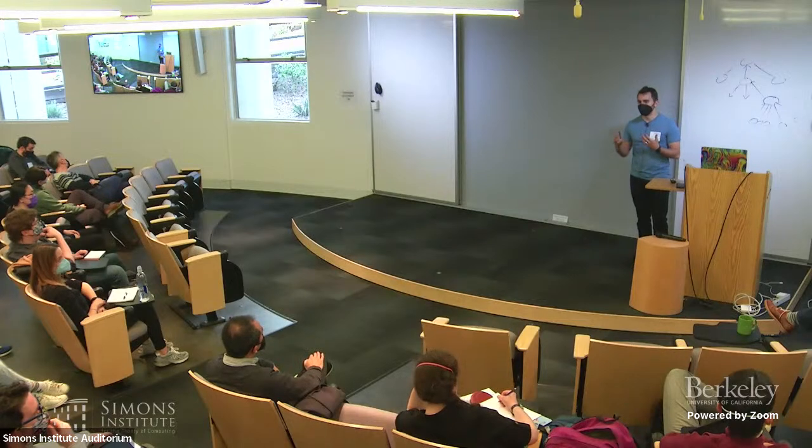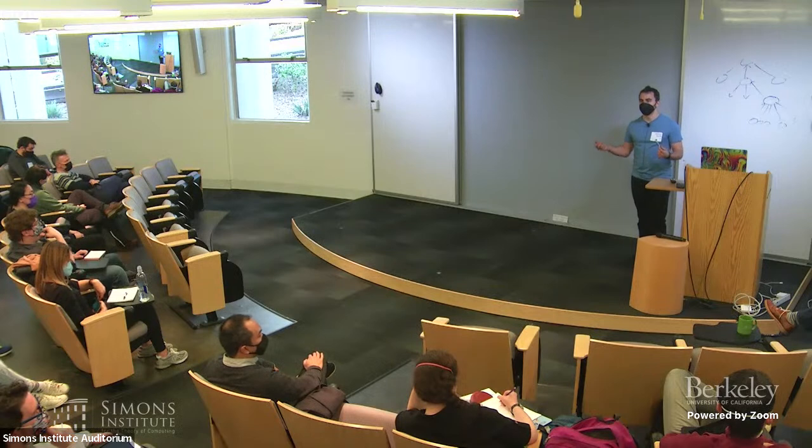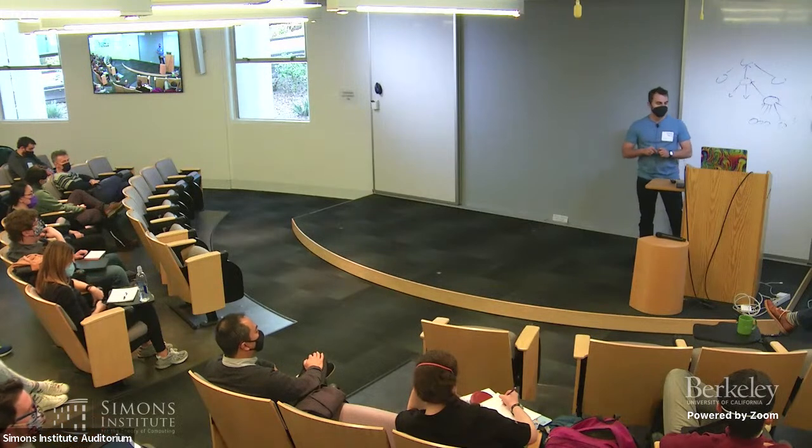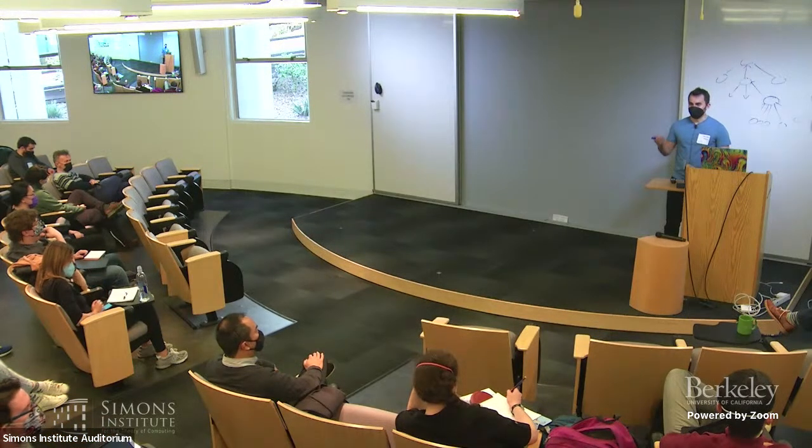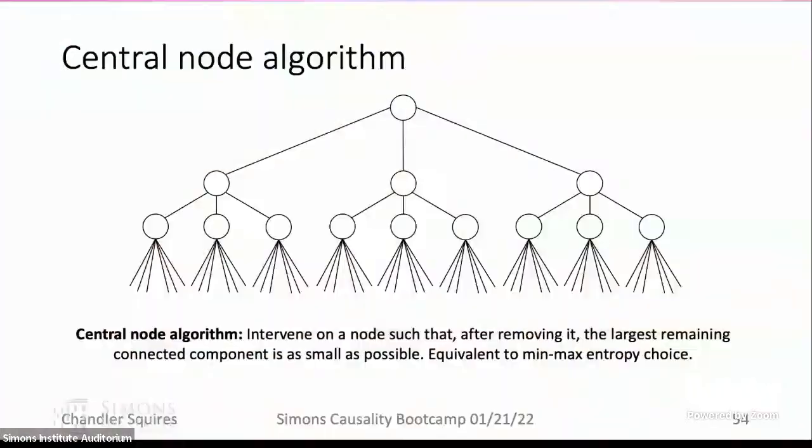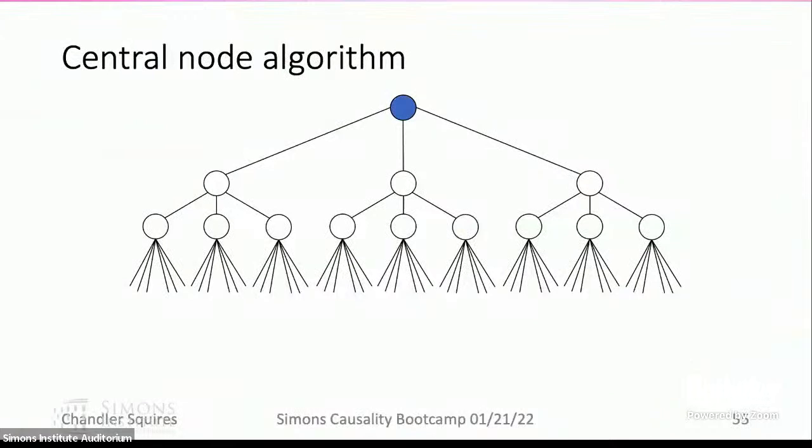You could probably put constraints on what the essential graph is that would lead to this not being a problem. But it'd be interesting to figure out what sort of constraints you need for that. So what the central node algorithm would do, if you're staring at this, what you might intuit, is that I would pick the node at the middle, at the very top.